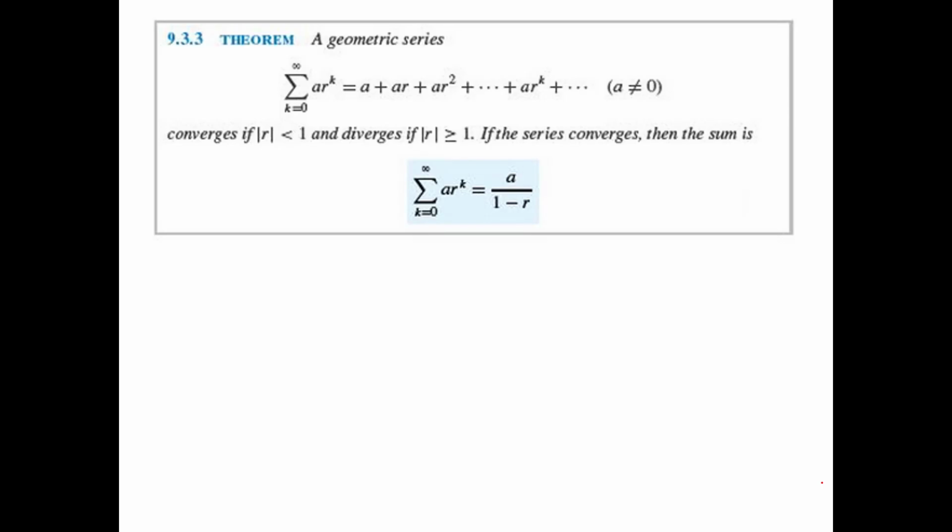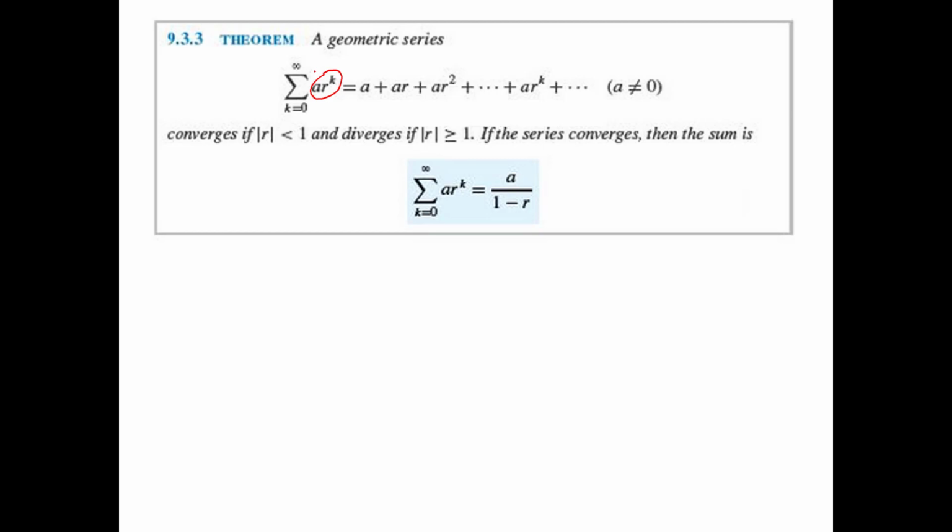So we've already talked about a geometric series, and you'll recognize a geometric series by the way its formula is written. Your index will be in the exponent and your base will be constant.